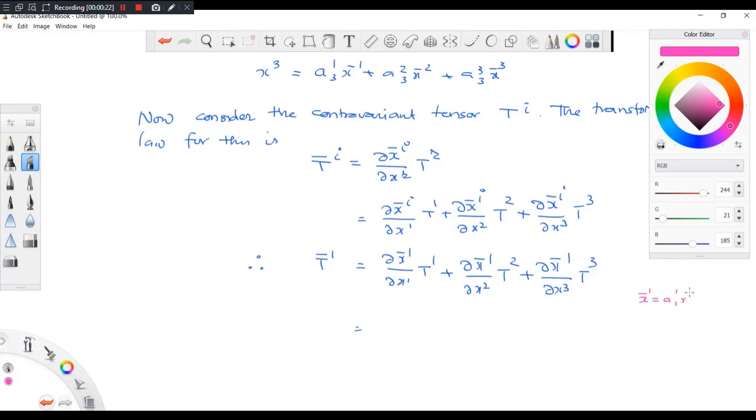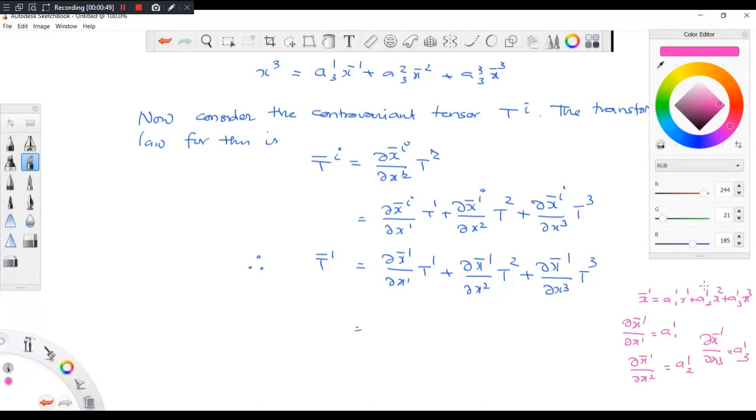A11 x1 plus A12 x2 plus A13 x3. So now I can look at what is del x bar 1 by del x1. This is nothing but A11. Del x bar 1 by del x2 is A12, and del x bar 1 by del x3 is equal to A13.